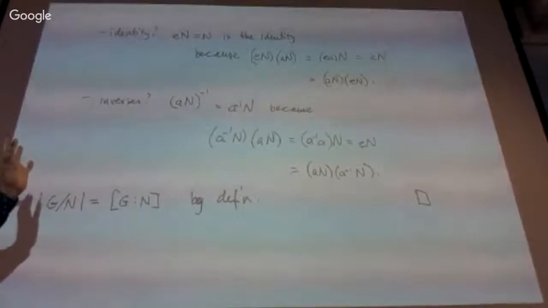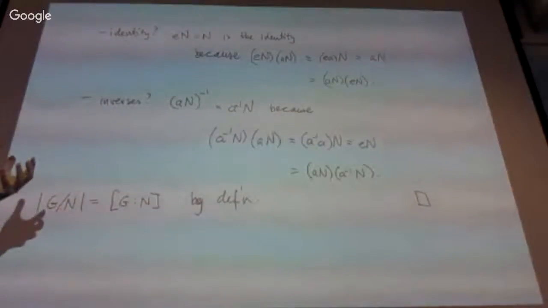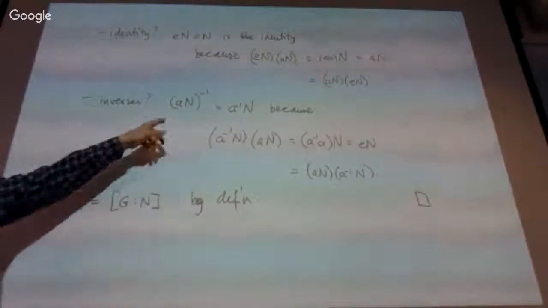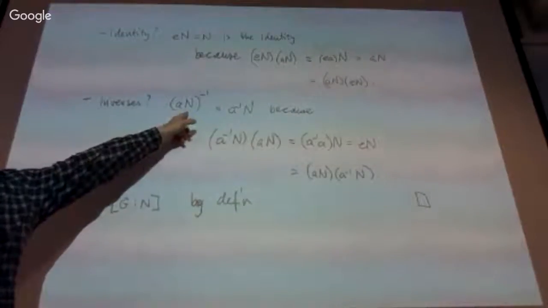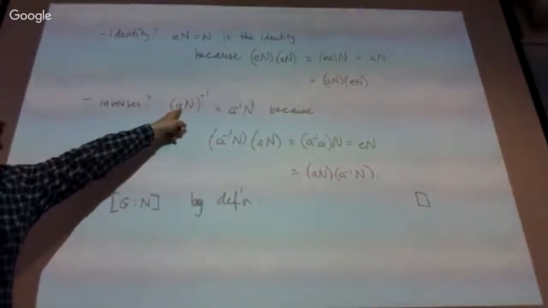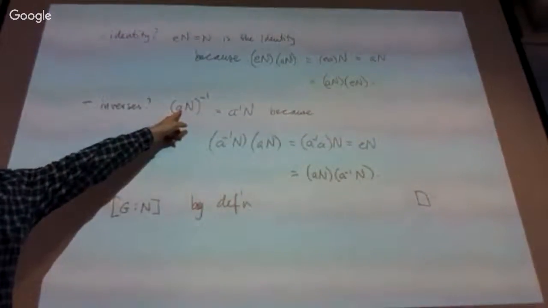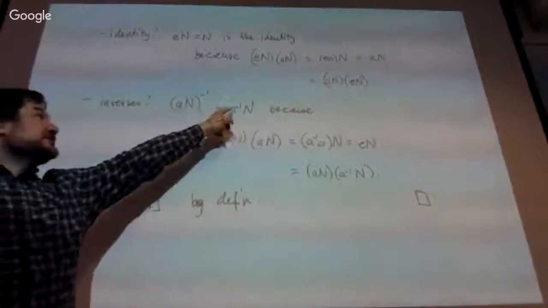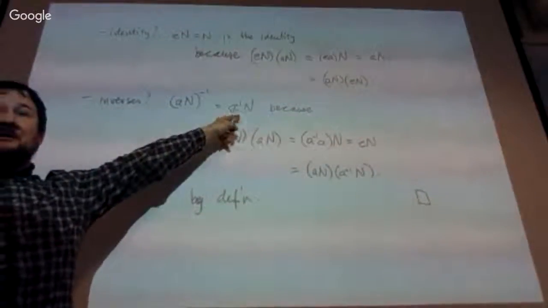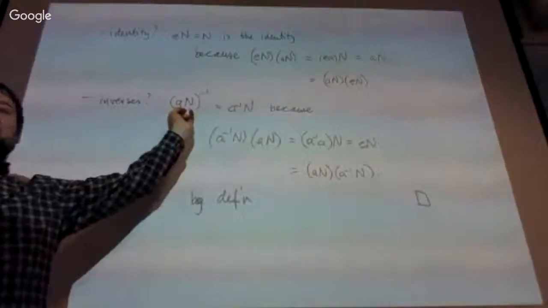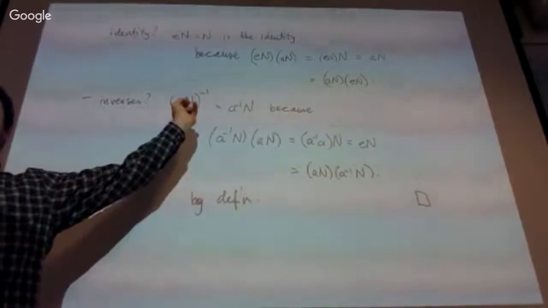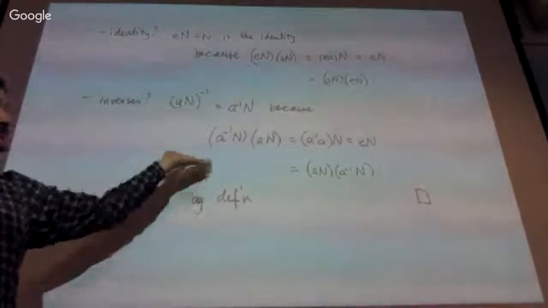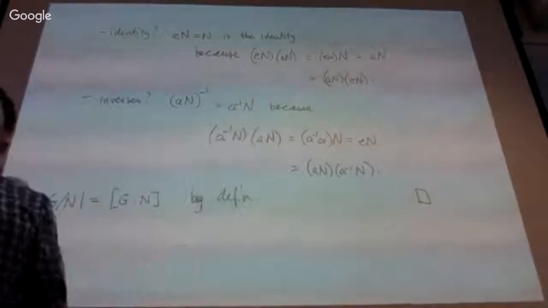If it is to be a group, you need every coset to have an inverse. So if I take an arbitrary coset of this element A, you want to know what its inverse is. Well, I'm telling you, you take the inverse of A, and the coset of the inverse is the inverse of this coset. And to prove this, you just calculate that it actually works.